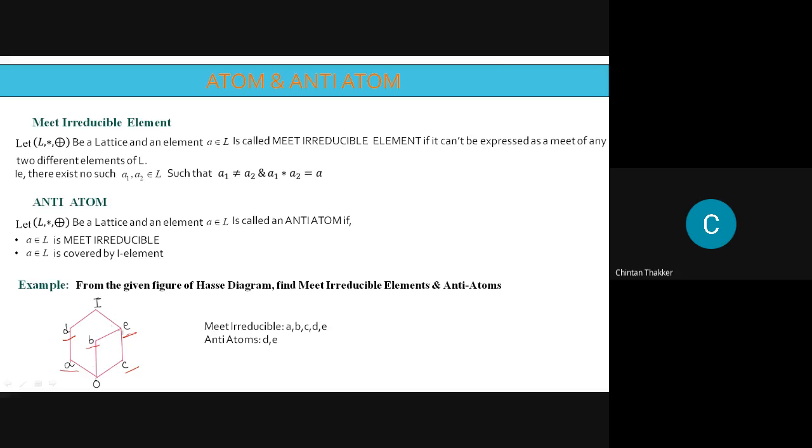So A, B, C, D, and E are meet irreducible elements. And I is a cover of D, I is a cover of E. So therefore D and E are anti-atoms.